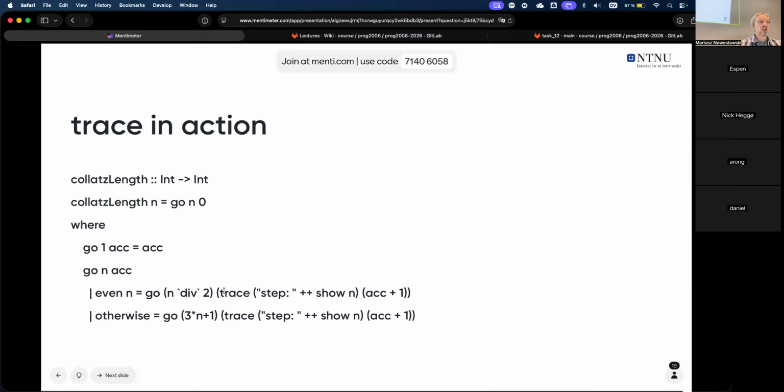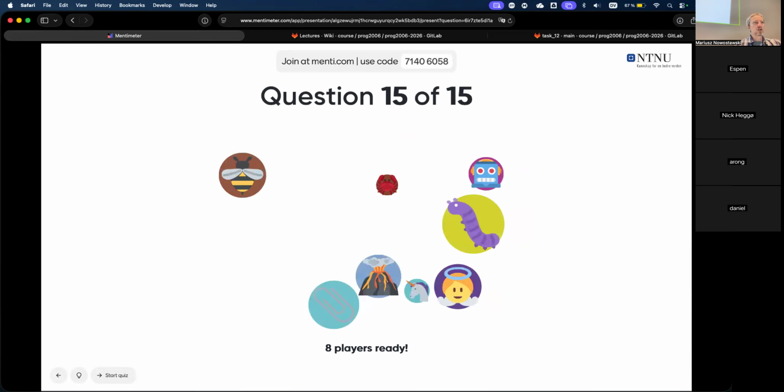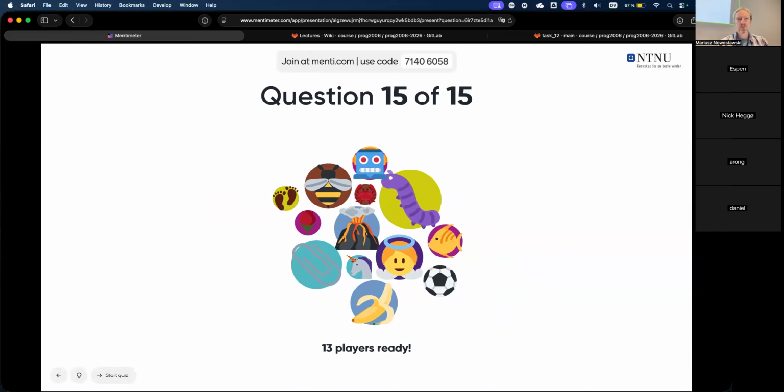So we can wrap this accumulator plus one inside this trace and have something printed for us. So we are printing what is n, we can print what is ACC, we can print whatever we want, right? And then you can walk with this.